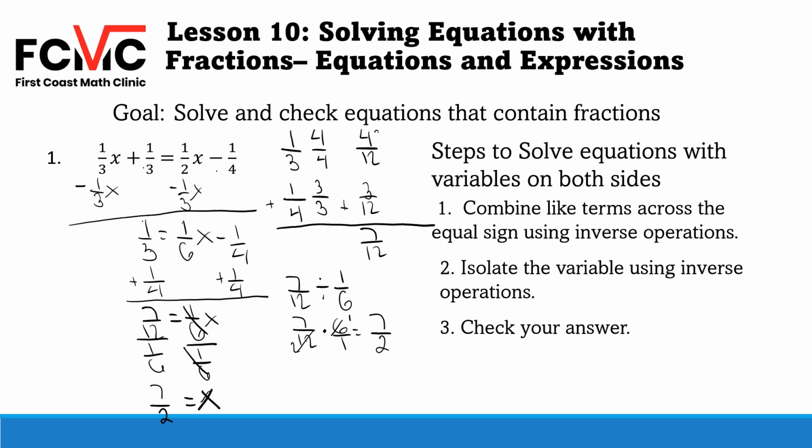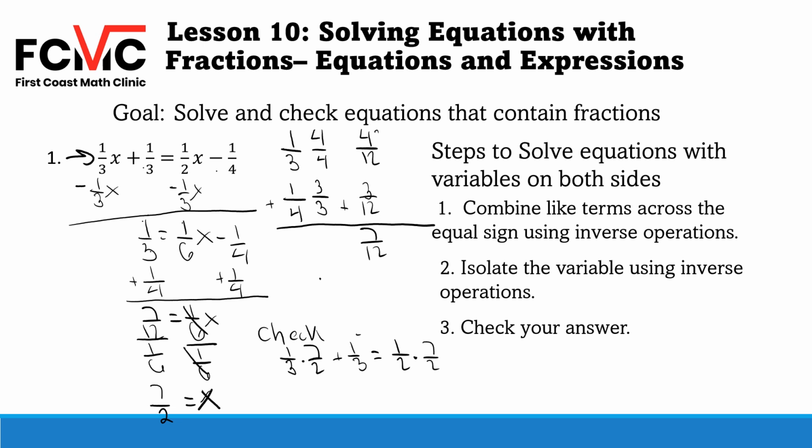So now our check. Everywhere I see an x in our original equation, let's replace it with 7/2. So I'm going to get 1/3 times 7/2 plus 1/3 equals 1/2 times 7/2 minus 1/4.